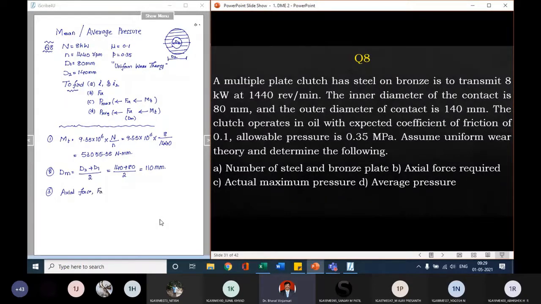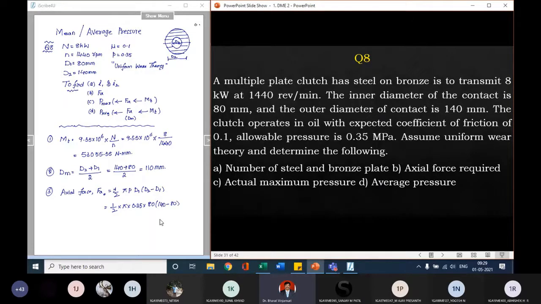So axial force, FA. What does this axial force talk about? FA is equal to, you write the formula, half pi P D1 multiplied by D2 minus D1. This is the formula we will use. So it will be equal to half into pi into pressure, pressure is given as 0.35, diameter 80 into 140 minus 80.